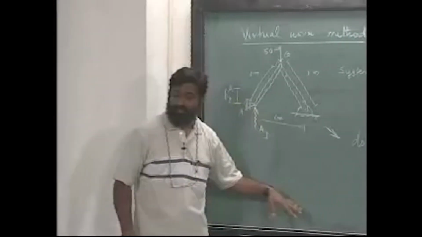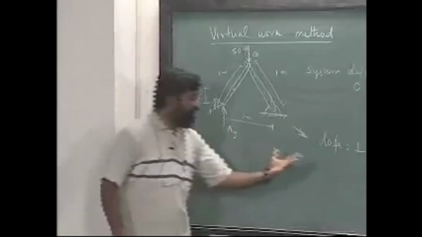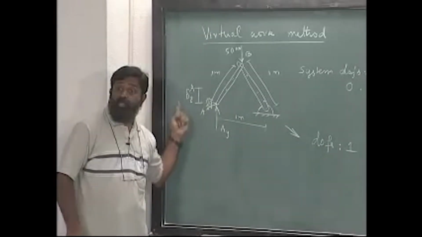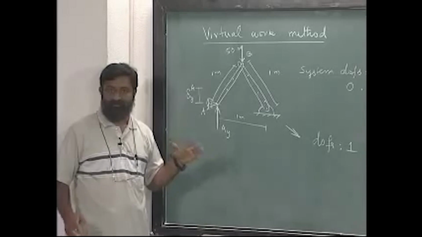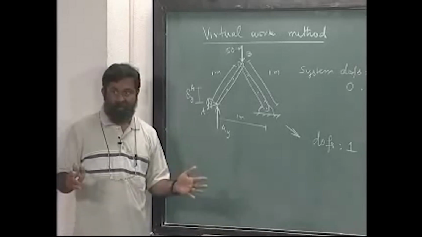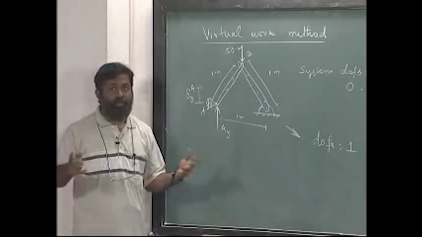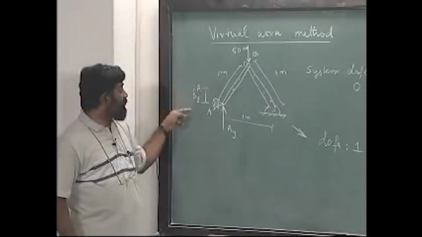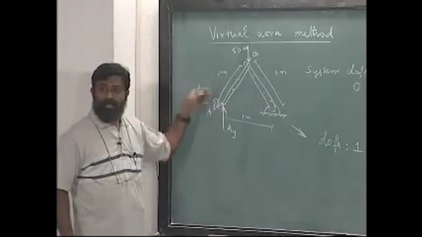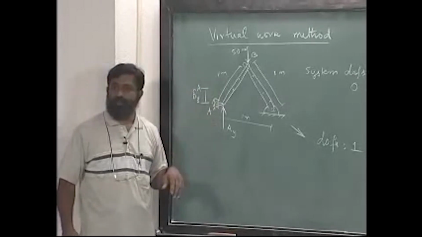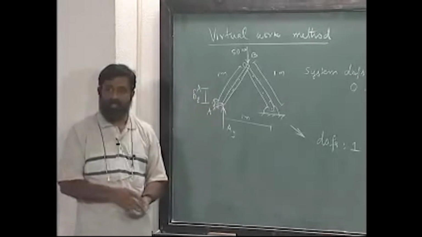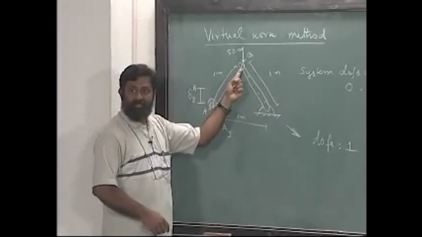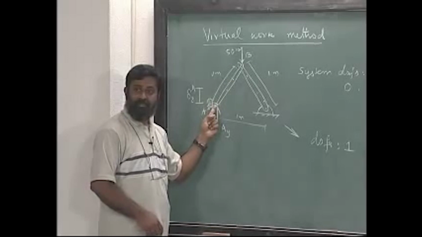And this is the first exercise. After finding out the degrees of freedom, you also have to tell which one is the degree of freedom. Here lies the trick. There are many ways in which you can do this. Is it necessary that it has to be delta YA that is the degree of freedom? Not necessary. Remember, if I specify this, can I find out this?